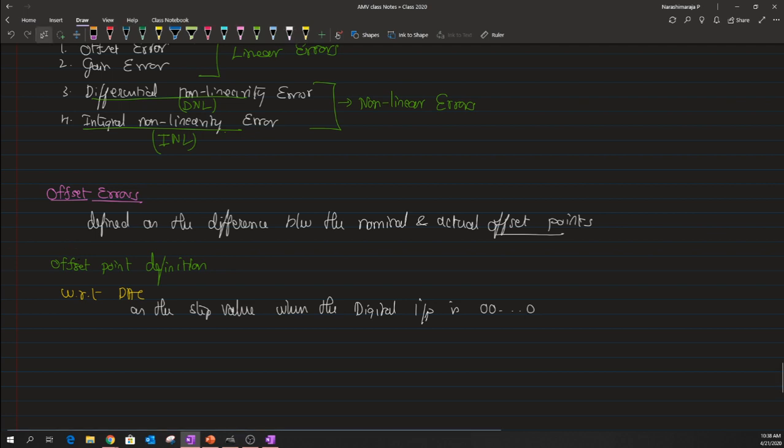Let me explain how to read the offset error out of this particular definition. Just a second, I have to pull out a picture.